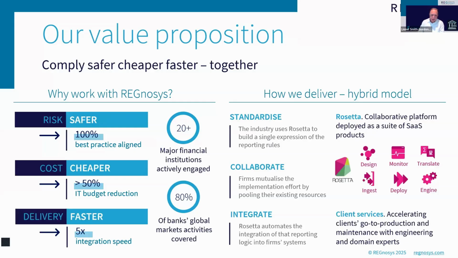This slide, with quite a lot of words on it, gives you an overview of how we do that: how we use best practices and everything that exists in the CDM and DRR to lower your risk and lower your cost, and through our own technologies, Rosetta, some of which you'll see today, help you deliver faster as well. That's using the standardization of the products and the collaboration that you get through using CDM and DRR, as well as the Rosetta integration services.